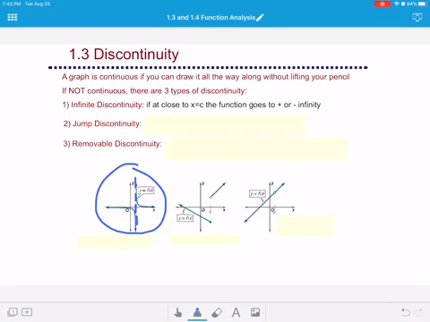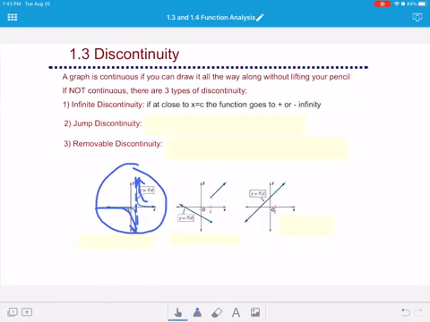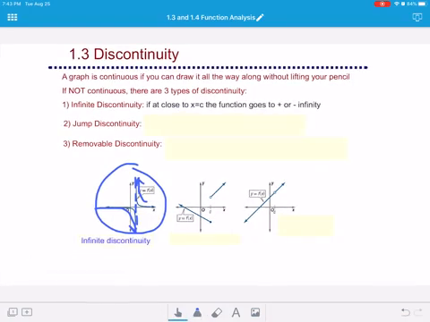As you're approaching from the left, the graph is going down to negative infinity, and just to the right of that line, the graph is going up to positive infinity. So that one is what we call an infinite discontinuity.